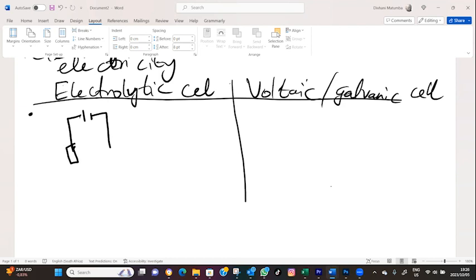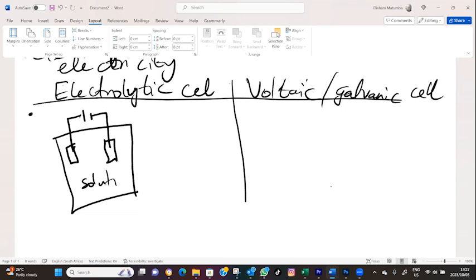There is an electrode, there is another electrode, and this is a solution. So basically we use the battery to split the chemical into two different chemicals.